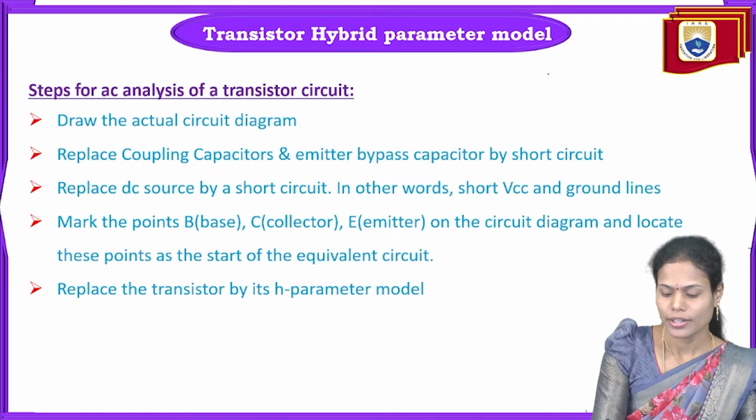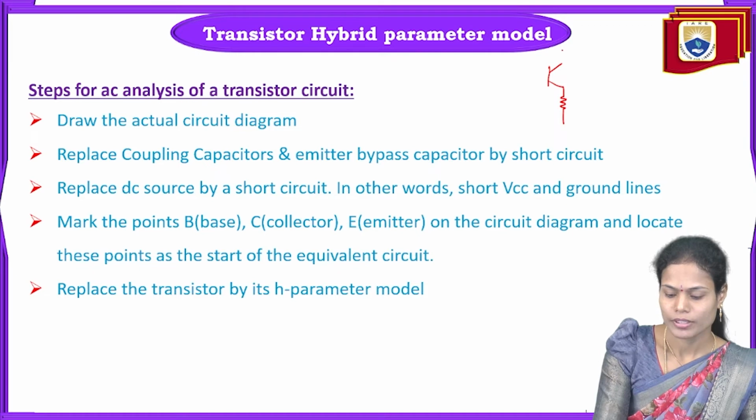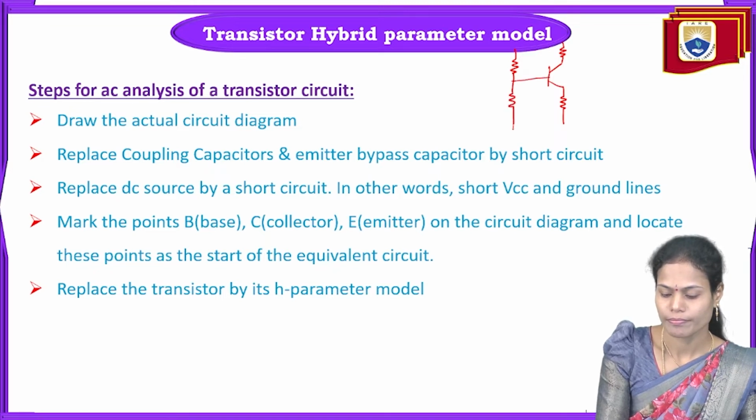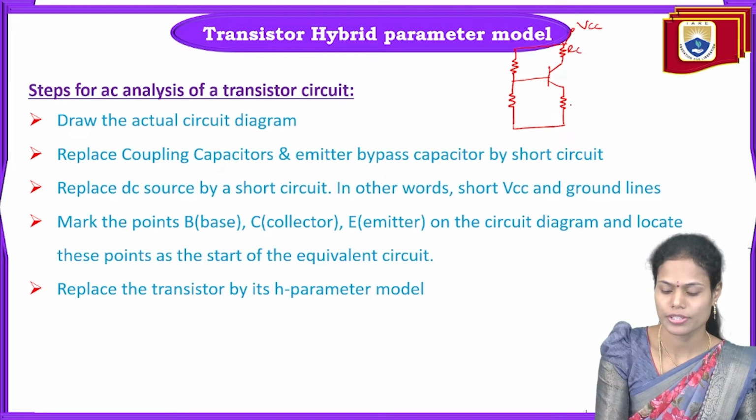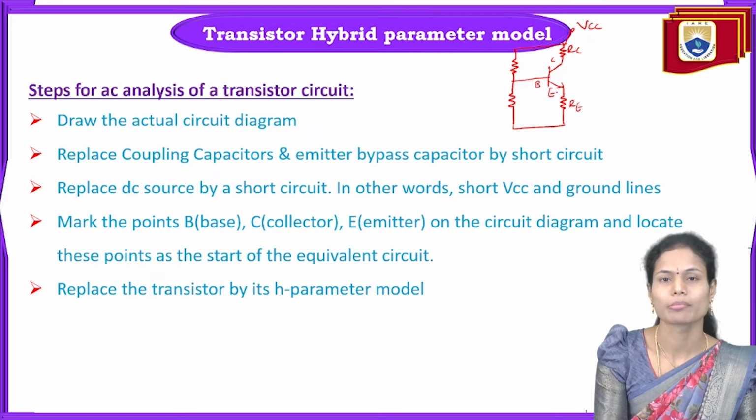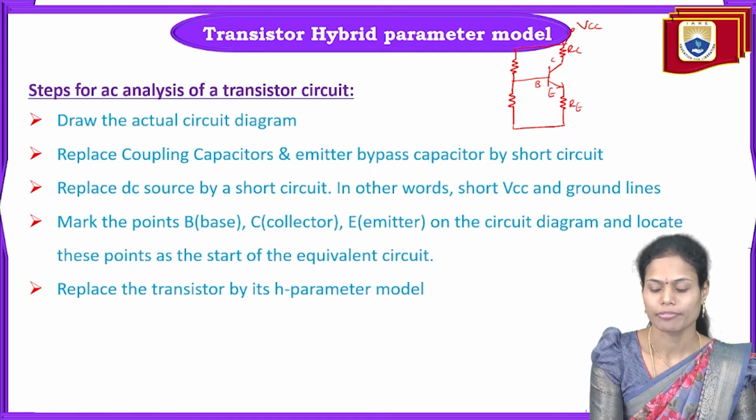For example, here I am taking the common emitter circuit with all relevant resistances and the biasing network also. Here we are providing the supply voltage, this is the collector resistance, this is the emitter resistance, and these are the base, collector and emitter terminals of the common emitter amplifier.